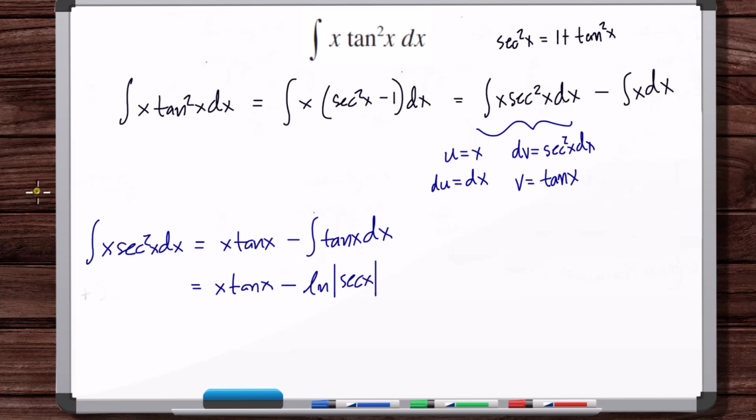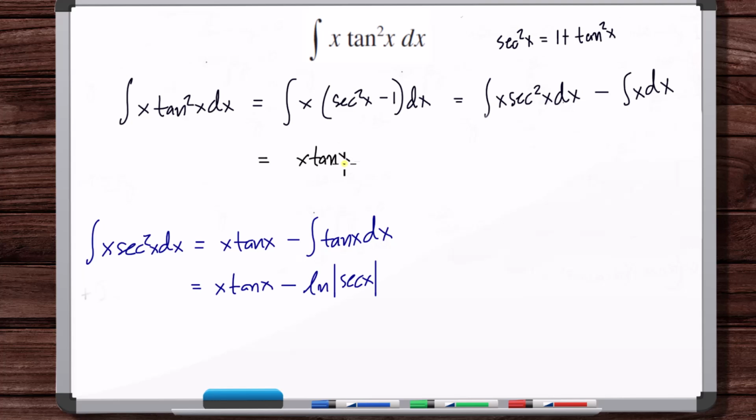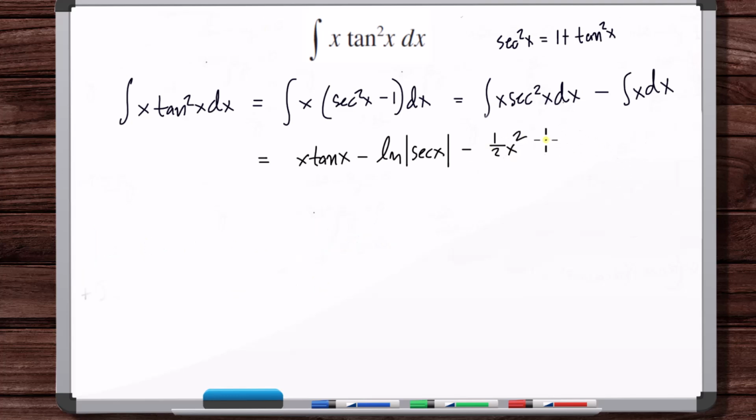So, okay, this is x tangent x minus natural log of the absolute value of secant x, and then minus this integral, which is 1/2 x squared. And that's it, plus c.